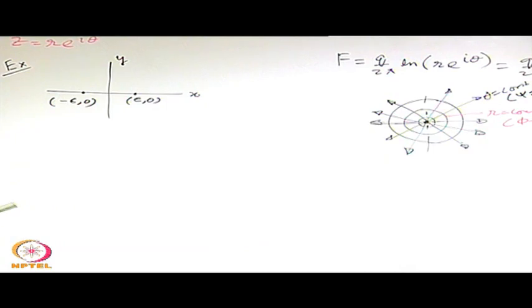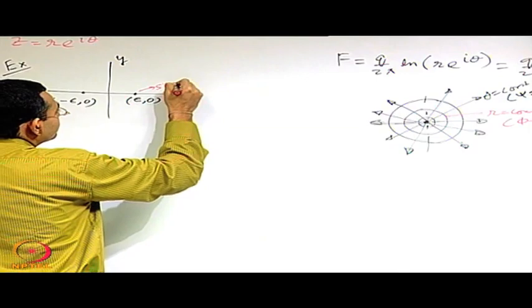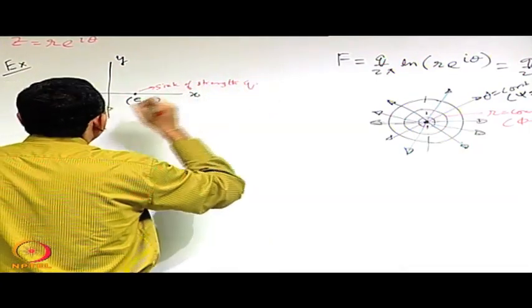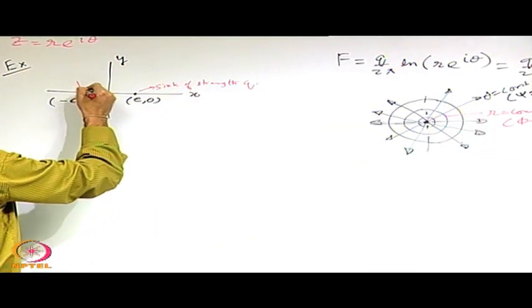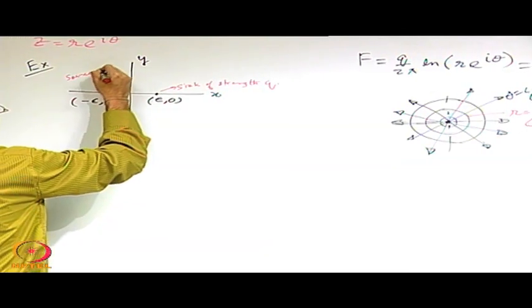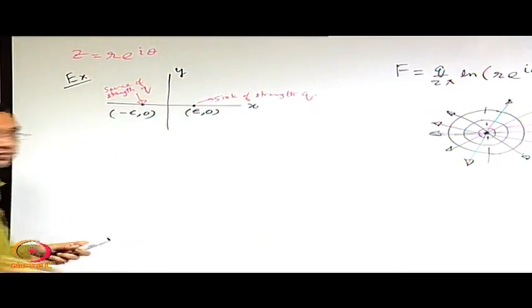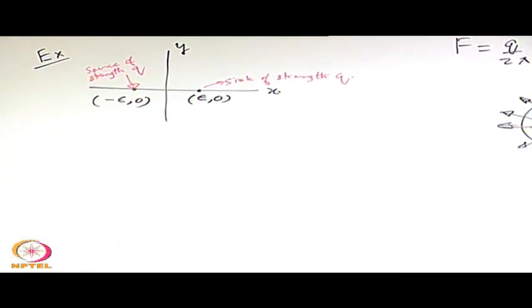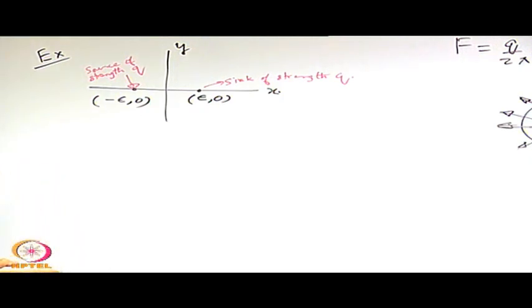At the point epsilon comma 0, you have a sink of strength Q, and at the point minus epsilon comma 0, you have a source of strength Q. Our objective is to find out the velocity field, the stream function, velocity potential, all these things.